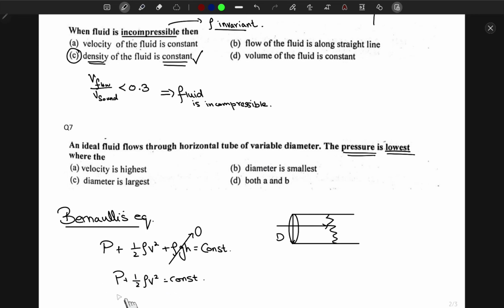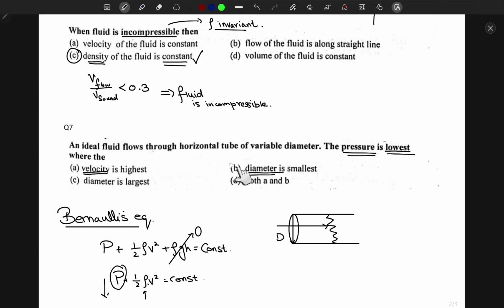Now according to this equation, if the diameter is the smallest and if the velocity is at its maximum value, only in that case will the pressure be at its lowest value, right? So the correct option is diameter and velocity.